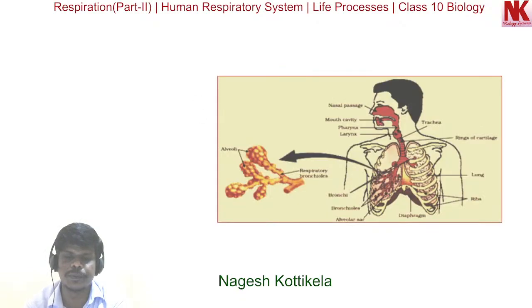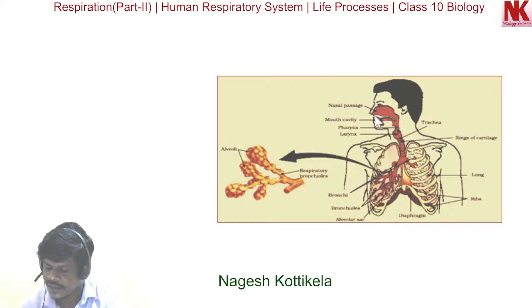You can see this picture. Here the nostrils, the external openings, then the nasal passage inside the nasal chamber, then it leads to the pharynx, then to the larynx, and finally it enters the trachea.